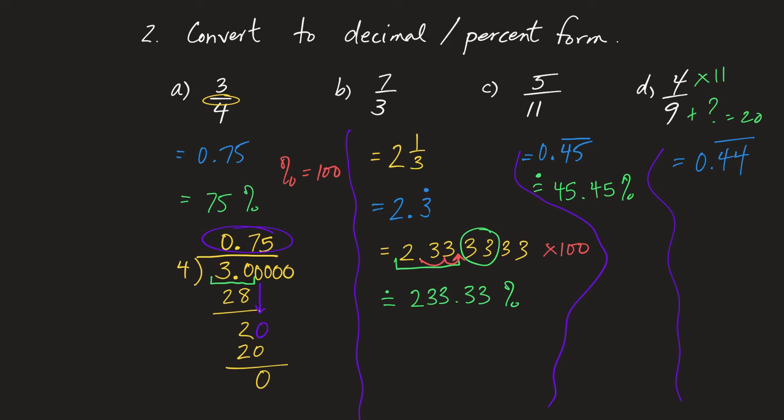And then I'm going to go boo. If 44 repeats, 44, 44, 44, 44, oh, then it's not 2 digits that technically repeat. It's technically 1. So I have a dot above my 4. I can get rid of all that green. There is a trick. That's just a trick that I've come up with over time to remember how to change 11ths and ninths into decimals.